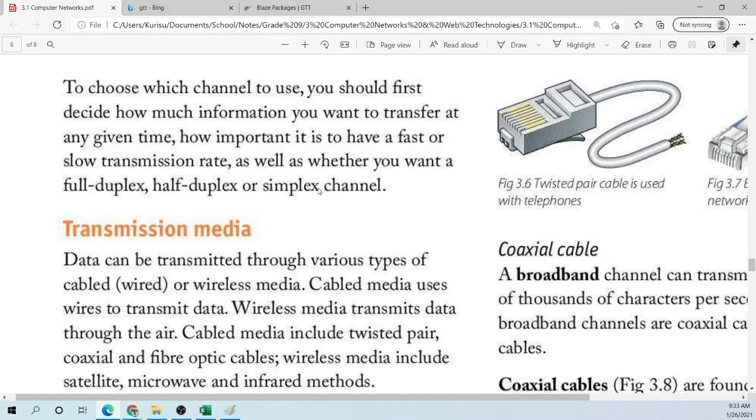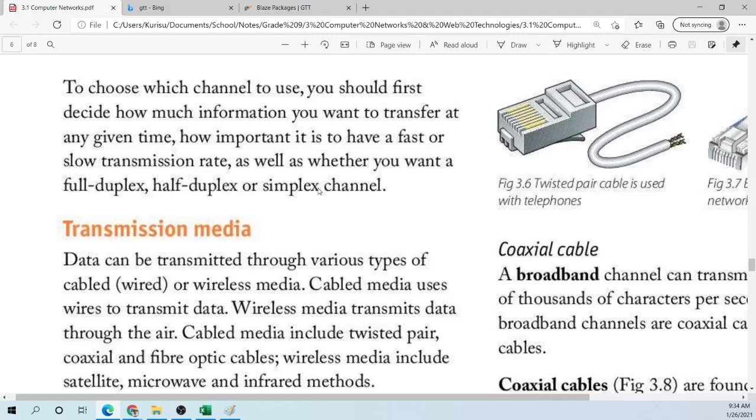To choose which channel to use, you must first decide how much information you want to transfer at any given time, how important it is to have a fast or slow transmission rate, as well as whether you want a full duplex, half duplex, or simplex channel. Transmission media. Data can be transmitted through various types of cabled, wired, or wireless media.